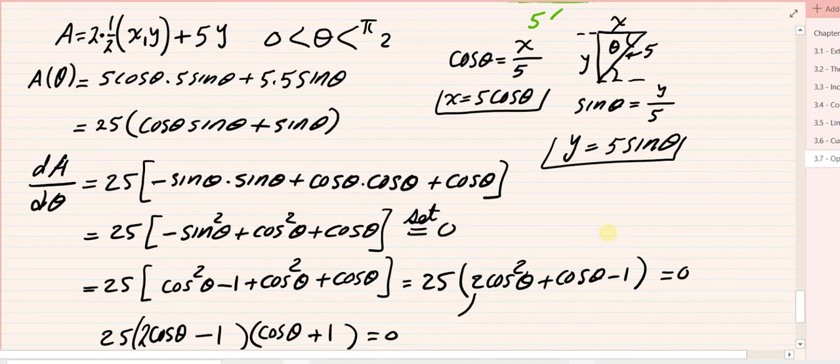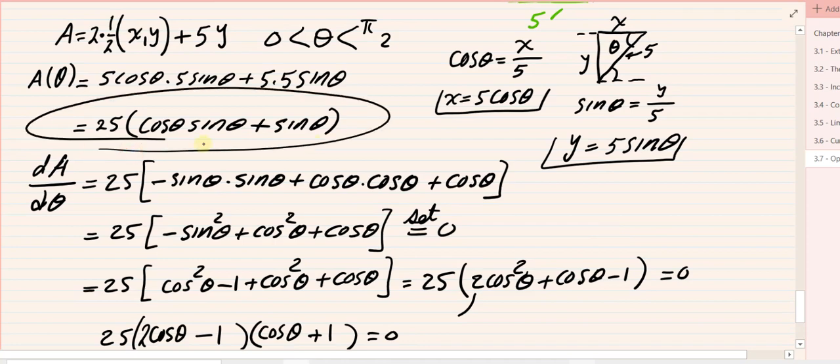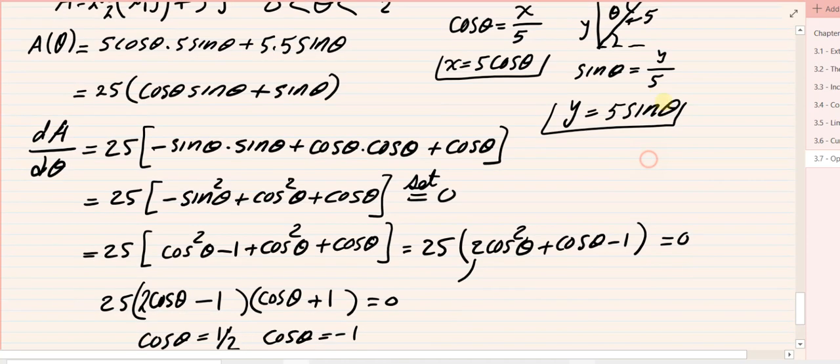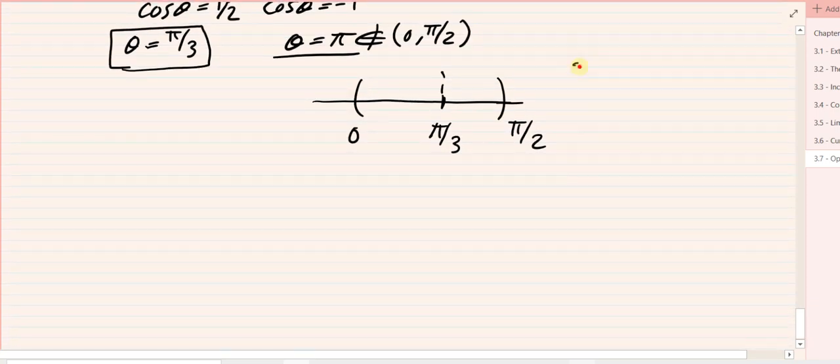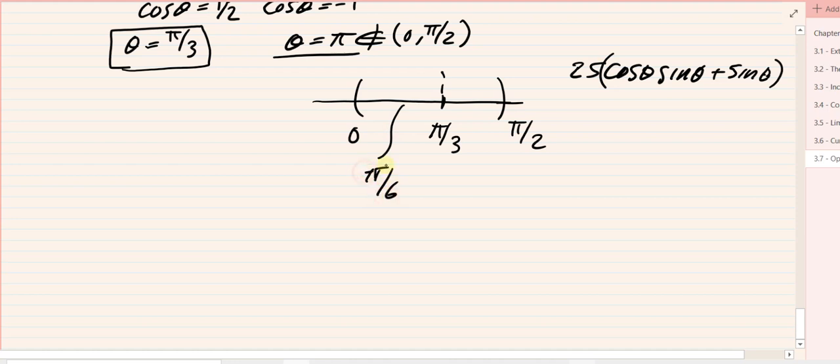So we can go through 25 cosine sine plus sine. Okay. Let me write it. 25 cosine sine plus sine theta. That's what we have. So we're going to go in this with, let's say, pi over 6, 30 degrees.